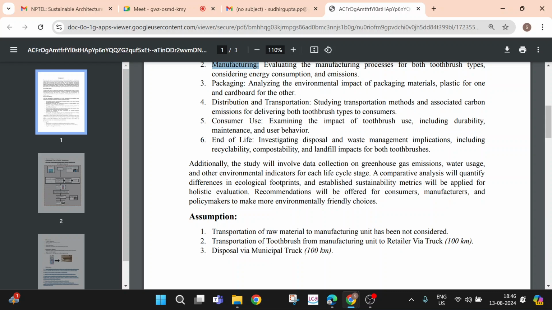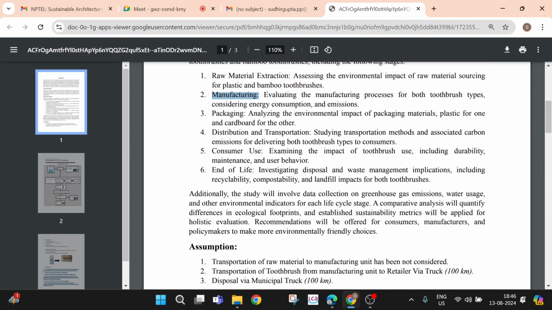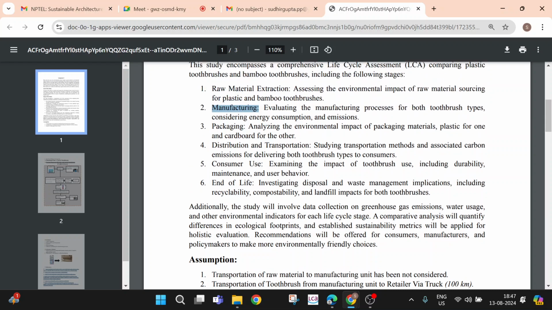Apart from that, there is consumer use. When it is in the use phase, in your hand, it also creates some effect on the carbon footprint.